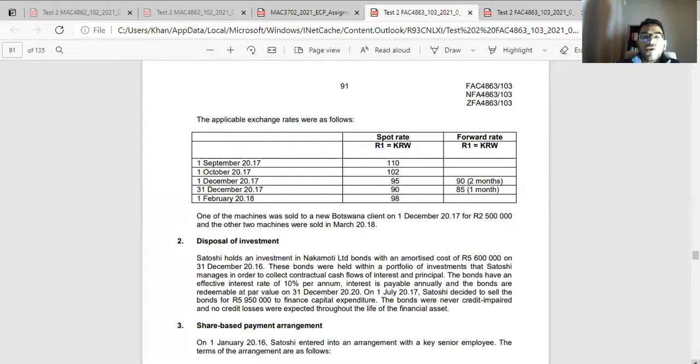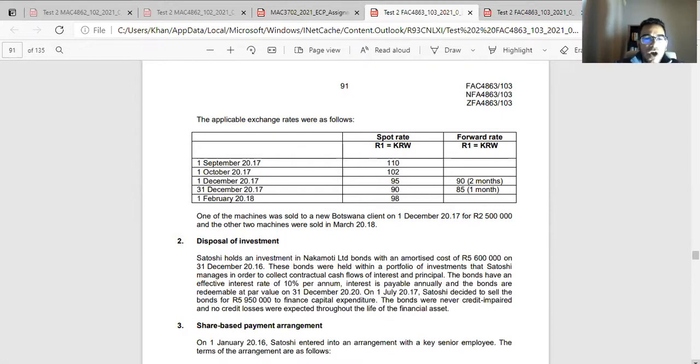We will also make use of the forward exchange contract at that date because the FEC applies to that payable that is still outstanding at 31 December 2017. Then, if required, on 1 February 2018, we will also account for the transaction.